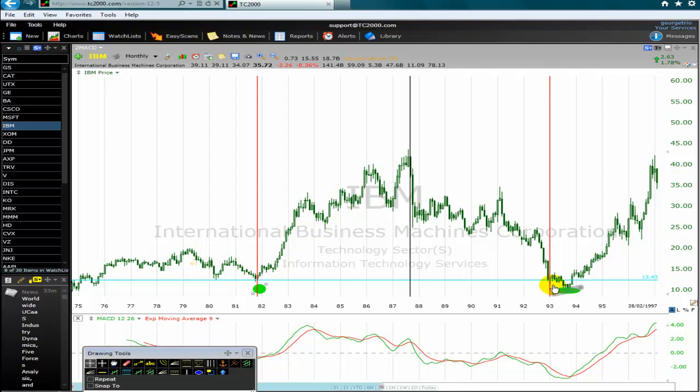Look at what the stock went back to. From $12.43, the stock returned to exactly $12.43 after exactly 10 years. This is the market cycle for IBM from 1982 to 1992: the stock went up for 5 years and went down for 5 years. So now you understand, from the starting point to the starting point.